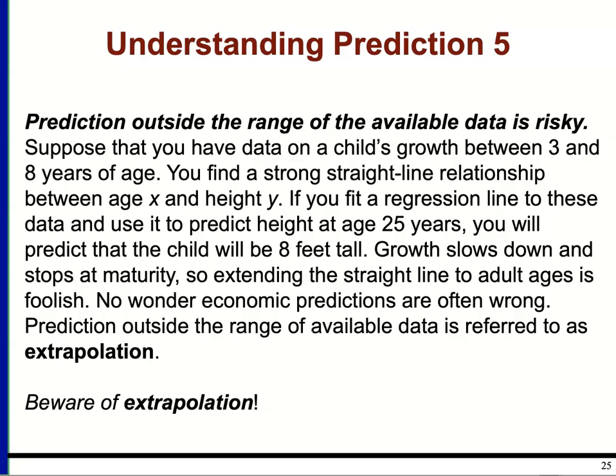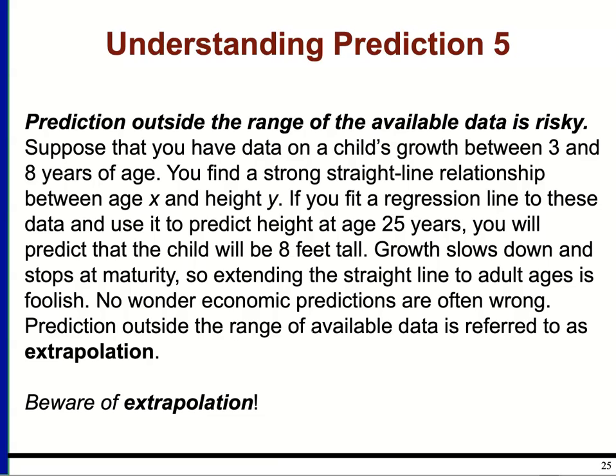Another thing that's really important when we're dealing with this prediction is that if you try to make a prediction outside of the range of the available data, it's going to be really risky. So to help you put this in perspective, think about a child's growth from age 3 to 8. Children are often growing quite rapidly during that period of time.